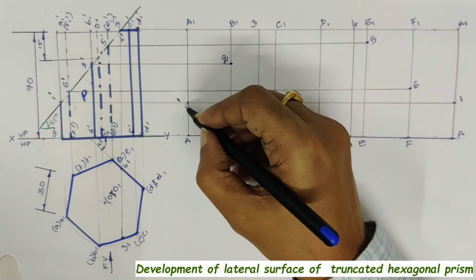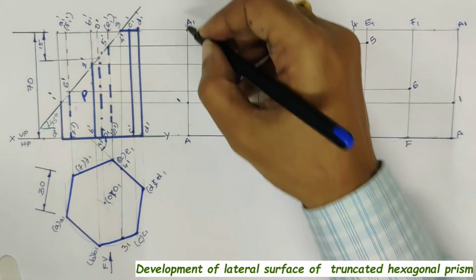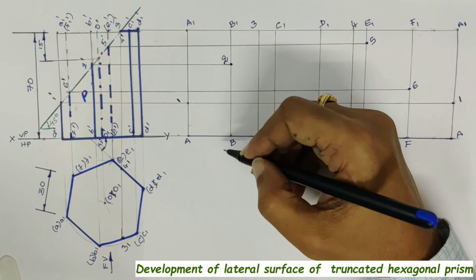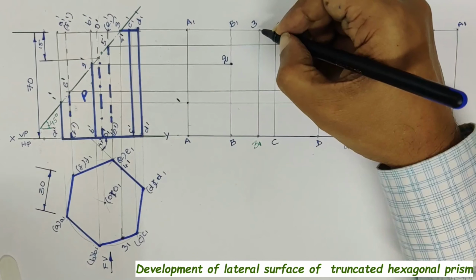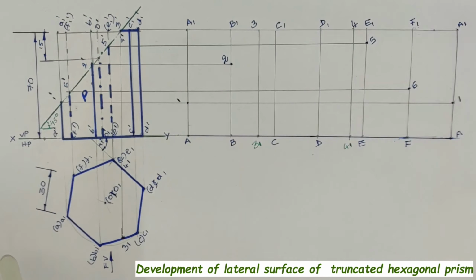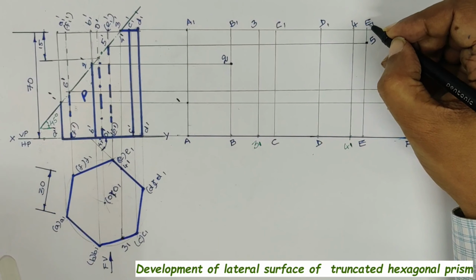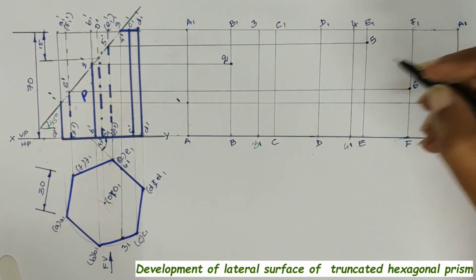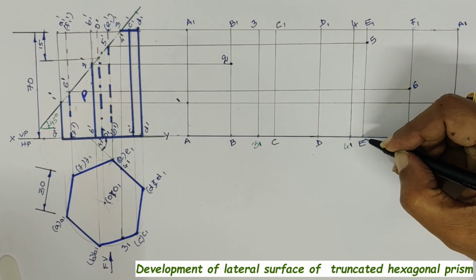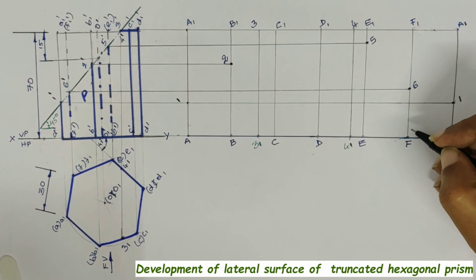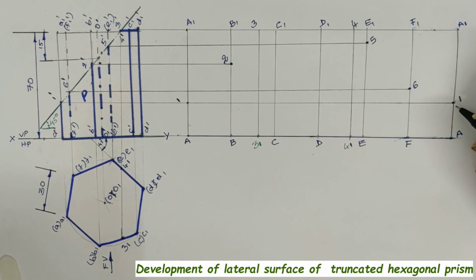That is, 1 is the intersection point on A1 face edge, 2 is the intersection point on B1 face edge, 3 is the intersection point of the sectional plane and base edge C1 B1. Similarly, 4 is the intersection point of the sectional plane and E1 D1 base edge. 5 is the intersection point of E1 face edge and section plane. 6 is the intersection point of F1 face edge and section plane. 1 is the intersection point of A1 face edge and section plane.